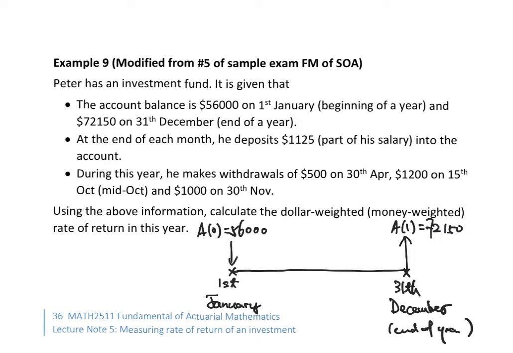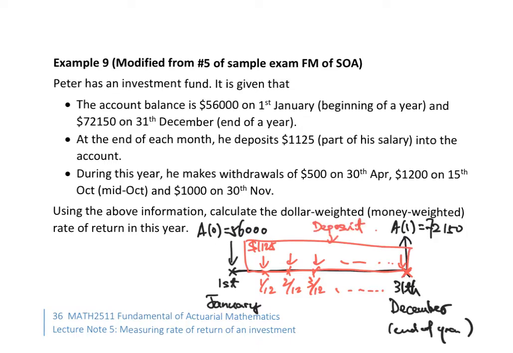In particular, at the end of each month, which is 1 over 12, 2 over 12, 3 over 12, and so on, he will make a deposit of 1125 at the end of every month. So this is the first thing.